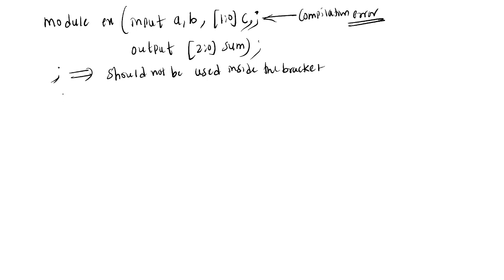One more thing: I told you reg and integer data types are unsigned data types. Suppose I consider reg 2 down to 0 a, and a equal to 6. I want to declare this value.